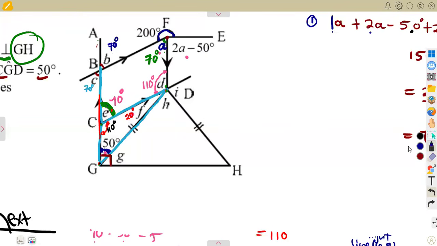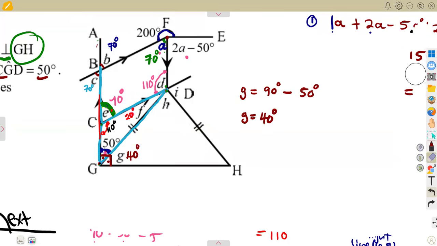So to find angle G, we simply subtract 50 from 90, because these two angles, this G and this 50, add up to 90 degrees. That is 40 degrees. So our G is 40, and 50 plus 40 is 90 degrees.